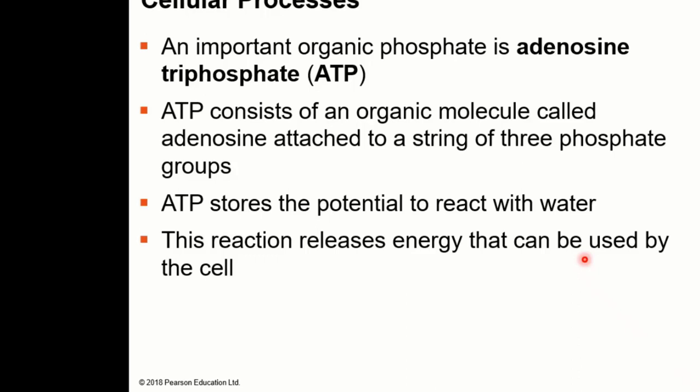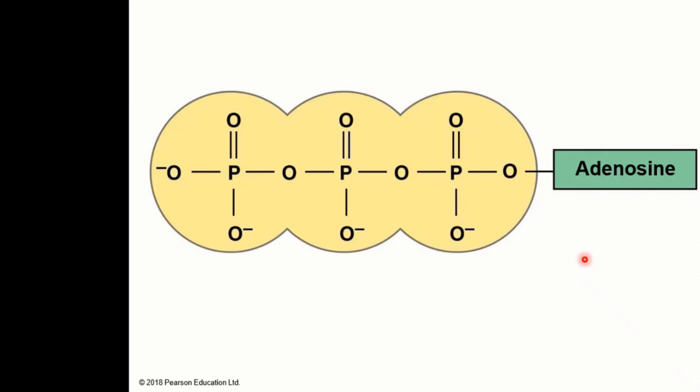So this ATP consists of an organic molecule called adenosine, which is attached to a string of 3 phosphate groups. We'll talk about that when we go further, where this ATP stores the potential to react with water, and this reaction releases energy that can be used by that particular cell.